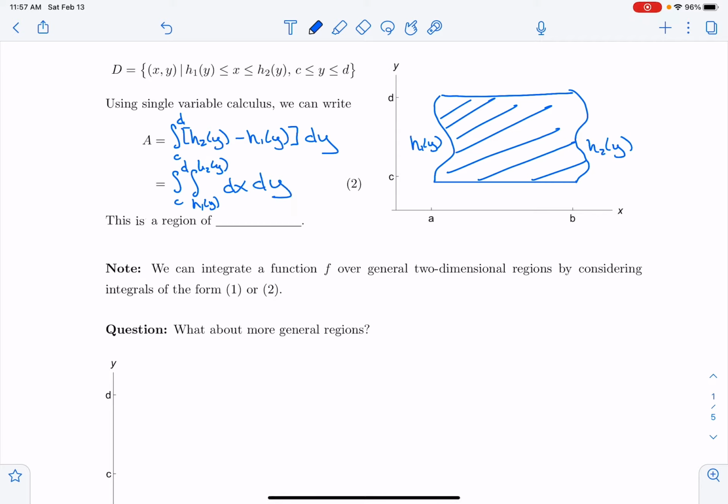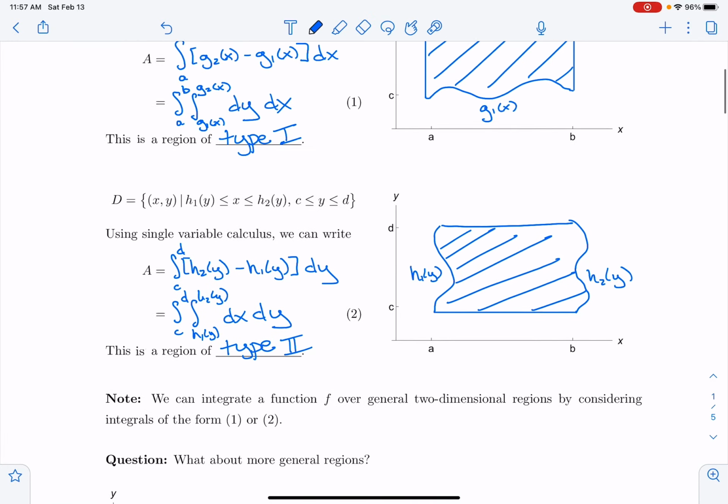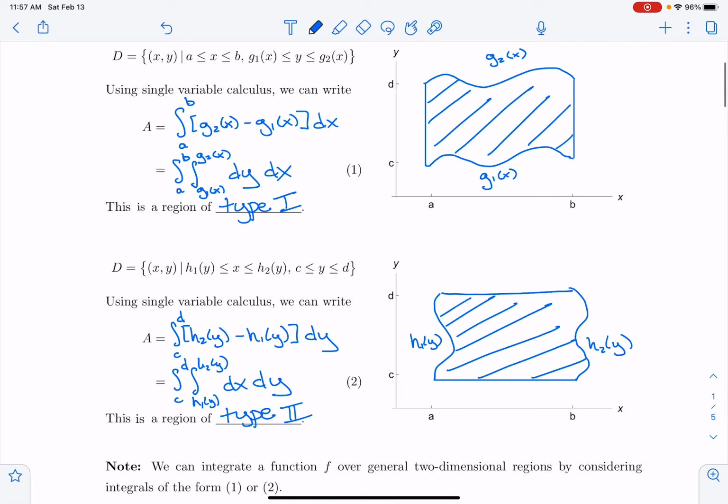And this we're going to refer to as a region of type 2. So essentially, we have these two different regions. One we can think of as being bounded by two functions of x. Okay, that's the region of type 1. The other one we can be thinking of as bounded by two functions of y. That is a region of type 2.